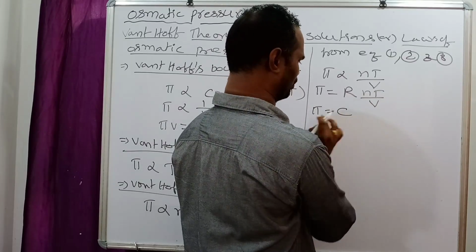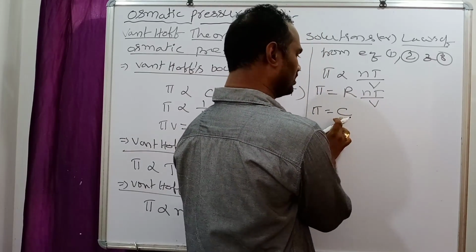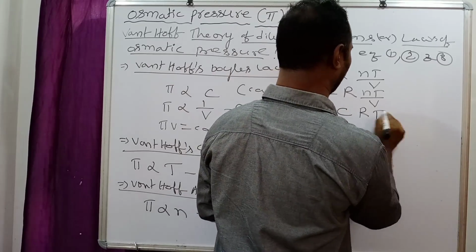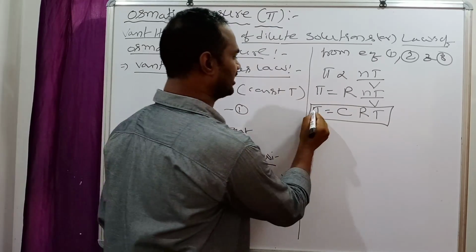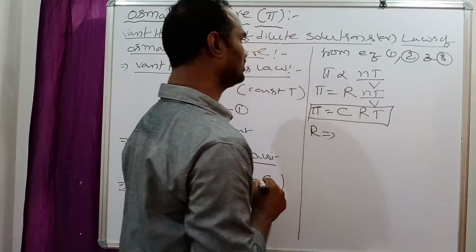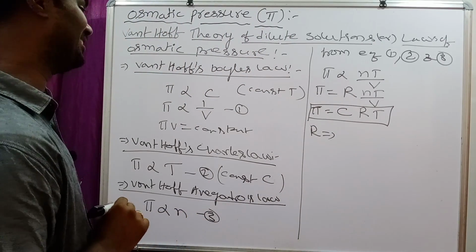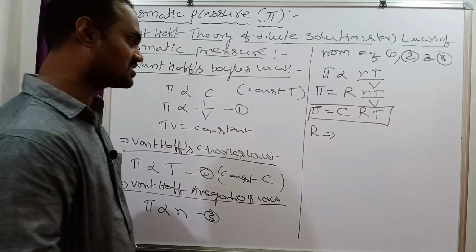So n by V I wrote as C, which is molarity, C indicates concentration, into RT. This is the osmotic pressure. Carefully see here, R is our van't Hoff constant, its value is equal to the universal gas constant.